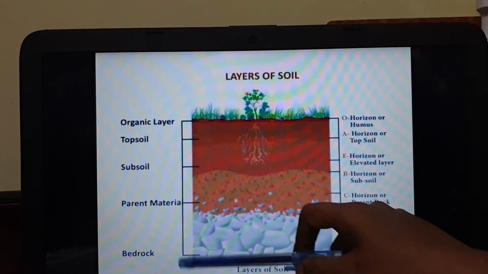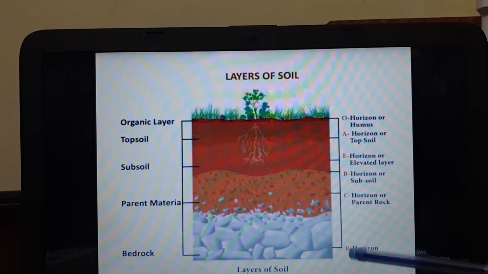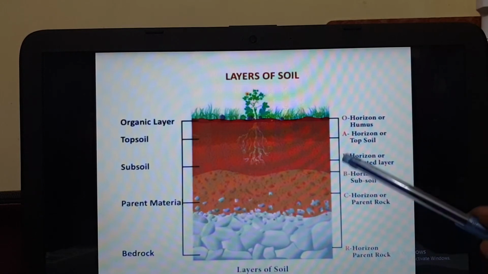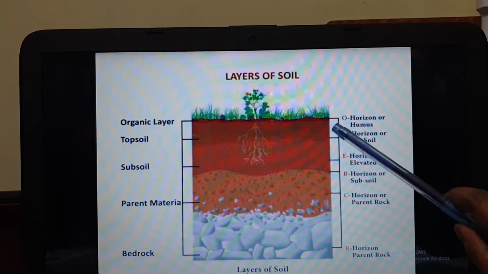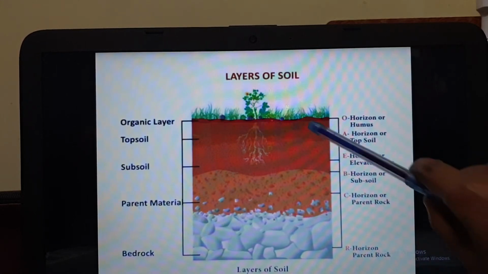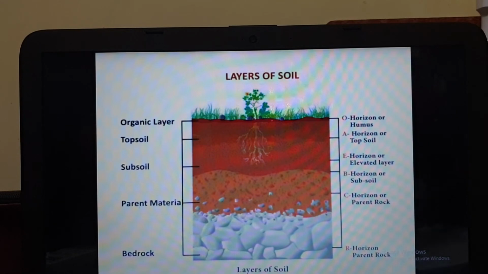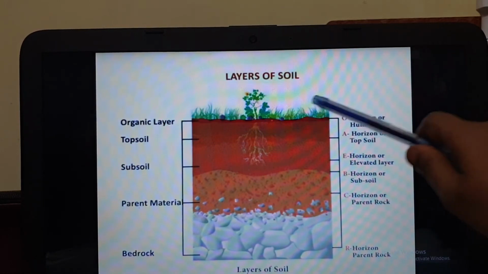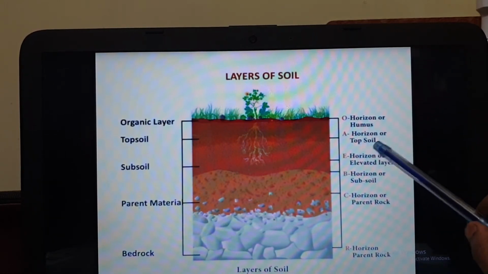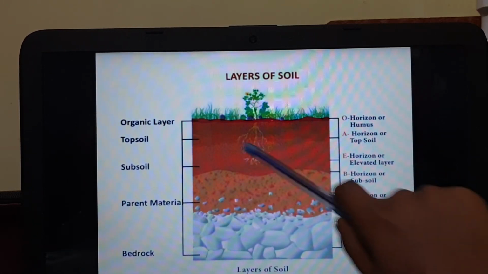So these are the layers, and here O, A, E, B, C, R. They have just given the alphabets. I will explain what it is. Horizon O, or humus. Horizontal in size. Humus, I told you, is the organic component of the soil. Here there is the organic component. Horizon A, or topsoil. Here topsoil, and here horizontal in size.